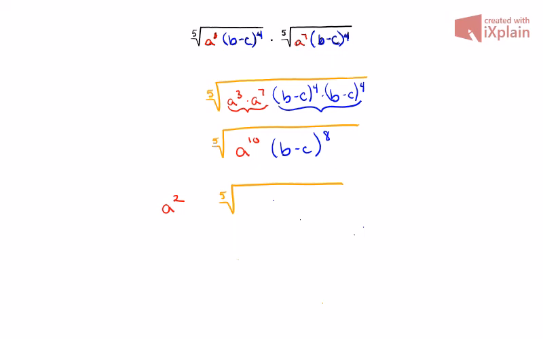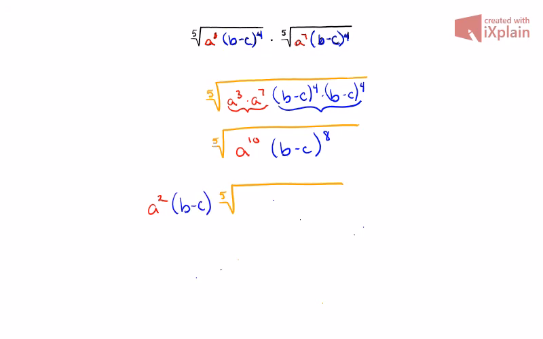And actually what I'm going to do to give myself a little bit of space, I'm going to just write that a squared out a little bit further. So note, the next one, I have b minus c raised to the 8th. So that means I have 8 of these b minus c numbers. I can definitely pull out one group of b minus c.